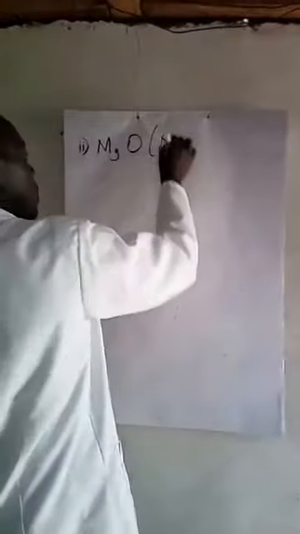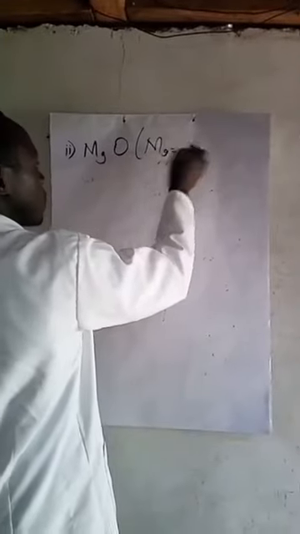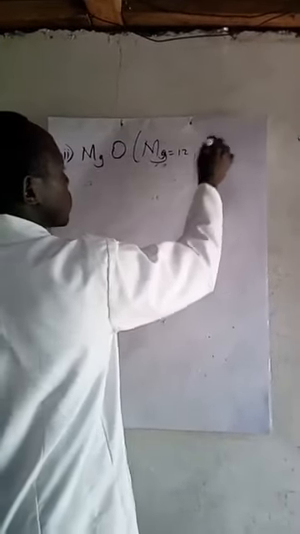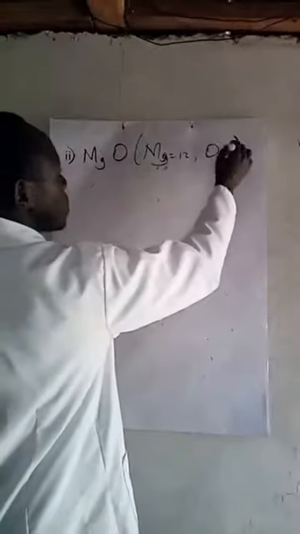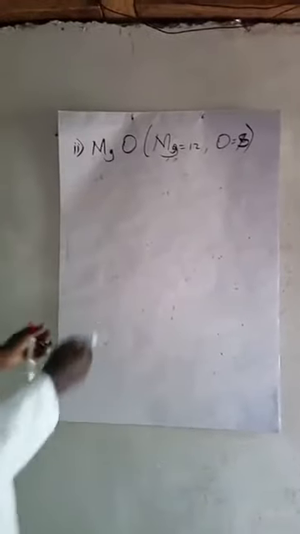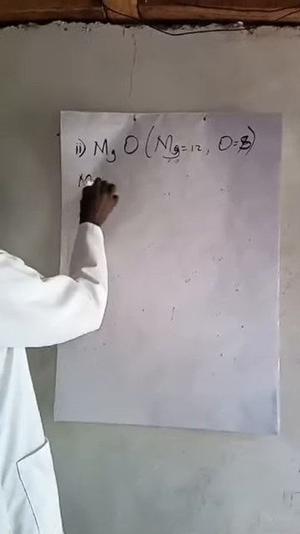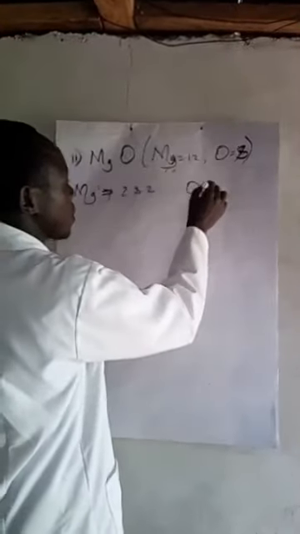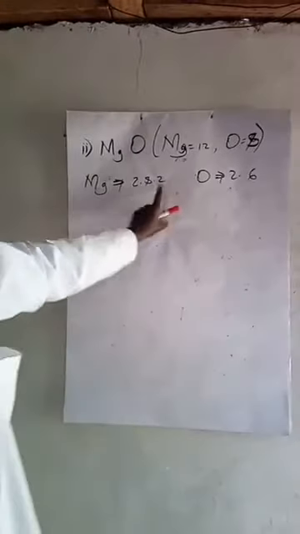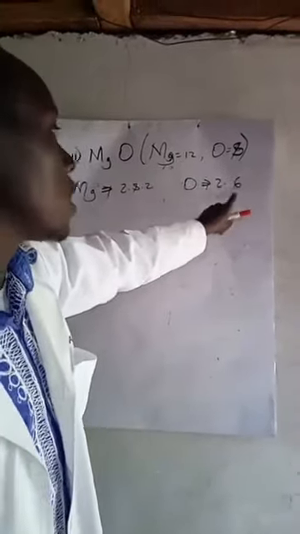We know that magnesium is atomic number 12 and oxygen is atomic number 8. So the electron configuration of magnesium is 2,8,2. Oxygen is 2,6. Basically, as we've said, magnesium loses 2, oxygen gains 2.